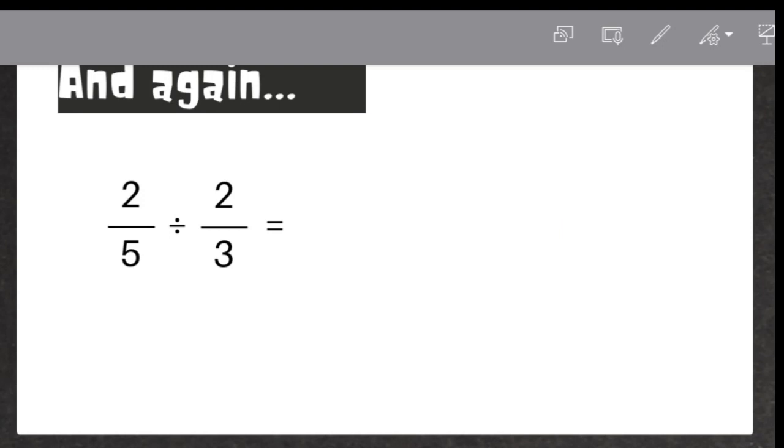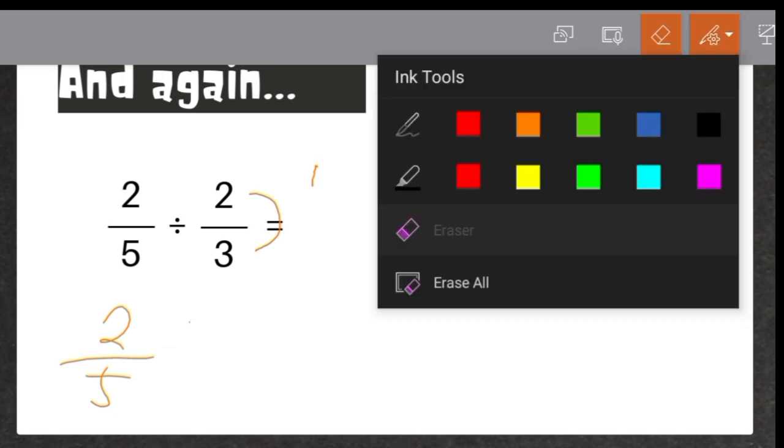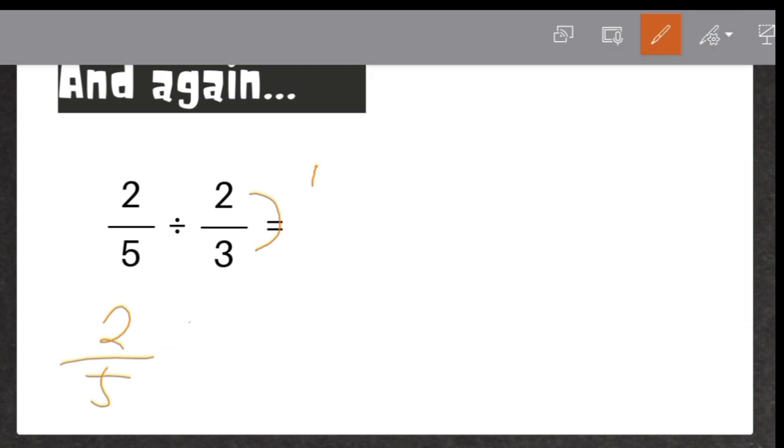So we have here our next example. We have 2 over 5 divided by 2 over 3. So again, you just need to reciprocate. Since we will be reciprocating, we need to change the division into multiplication, right?